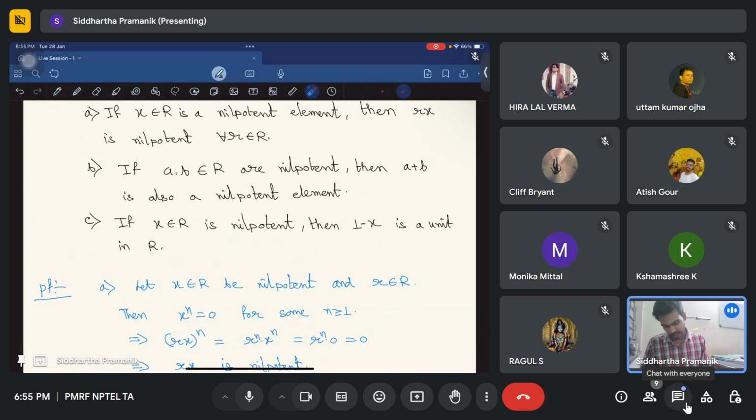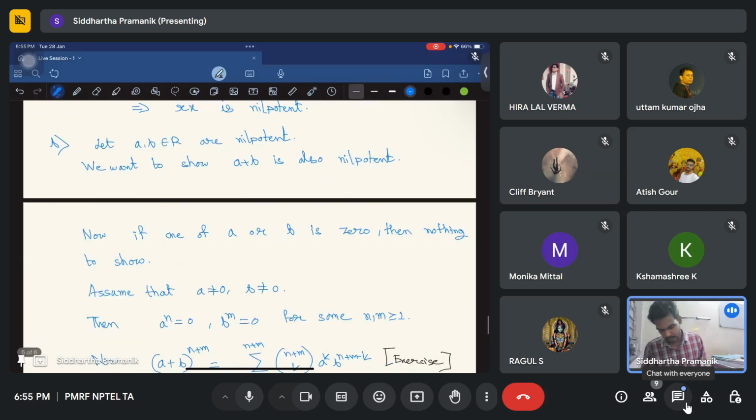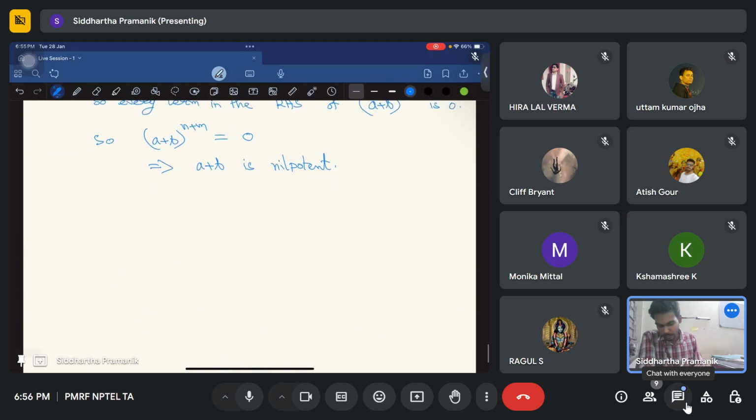Now the interesting part is the third one. If x is nilpotent, then 1 minus x should be a unit. Okay, let's prove this. Let x belong to R be nilpotent.